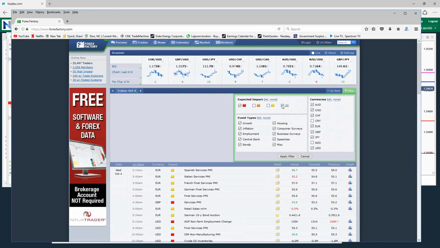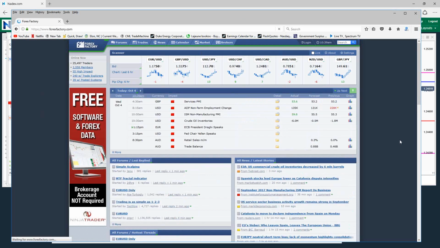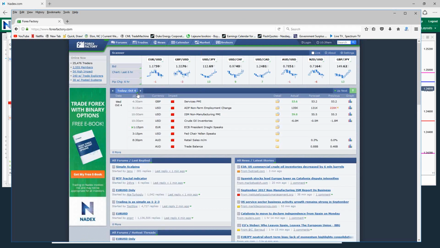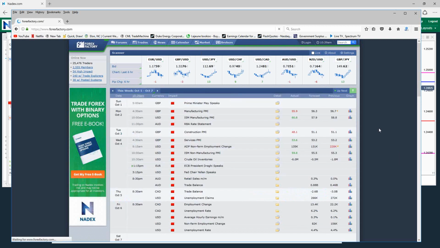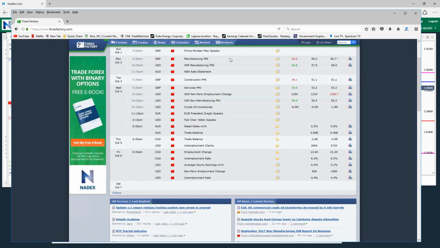You can filter according to the high volatility reports, which is the red ones. And what I typically do is actually look at a weekly view, okay, and say, okay, for example, let's just look at some of the high volatility reports.